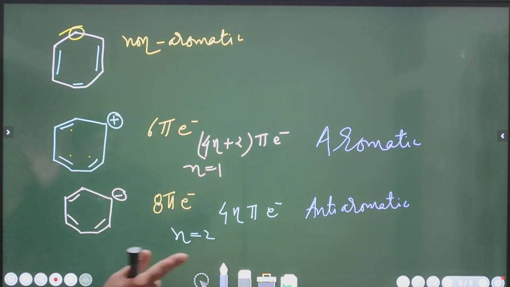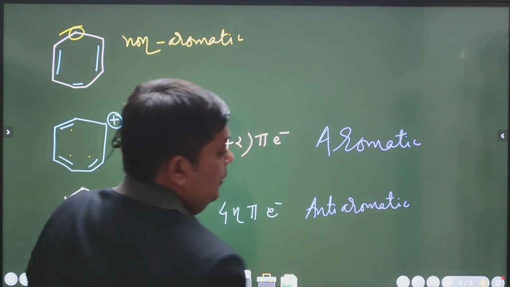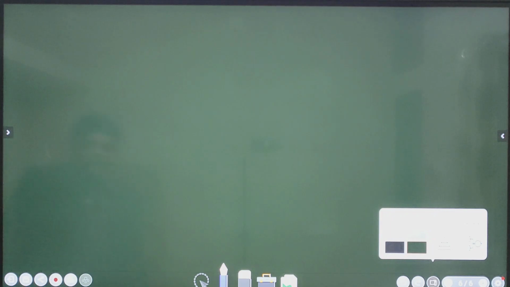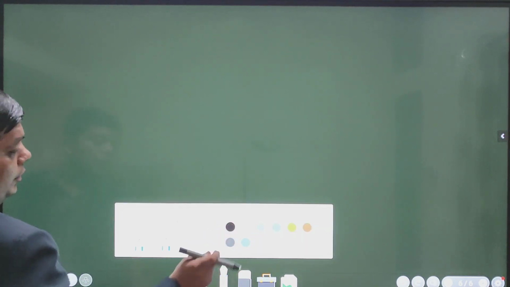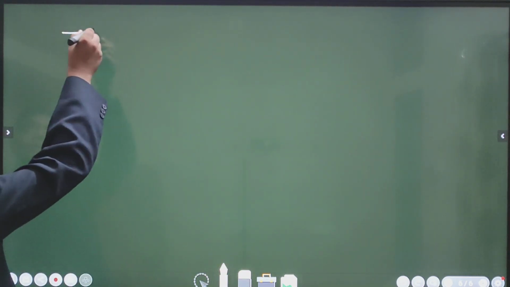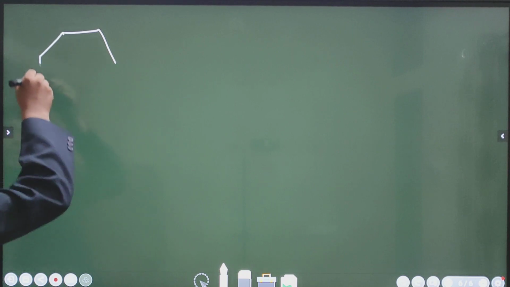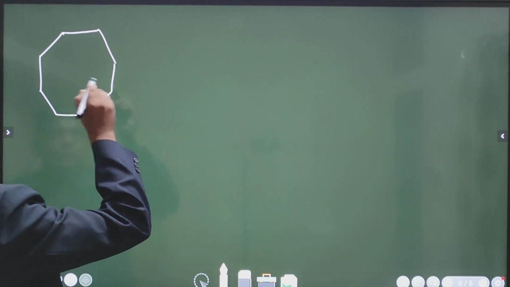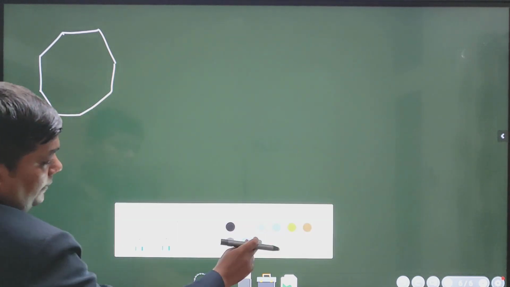So this is a 7-member ring structure, and now we have a very popular 8-member ring structure where your marks can be lost. See how the marks of a student who is working too hard in competitive chemistry exams can be lost.